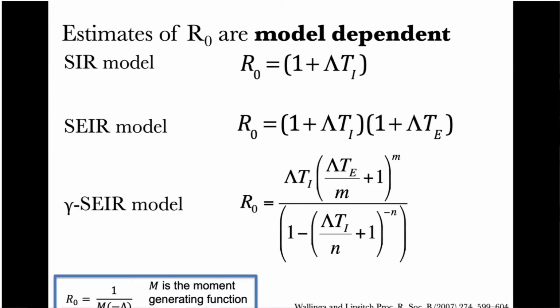There are some general ways that you can form these functions. If you know the moment generating function, you can look at work by Wallinga, Lipsitch, and Diekmann and White, which I quote there.